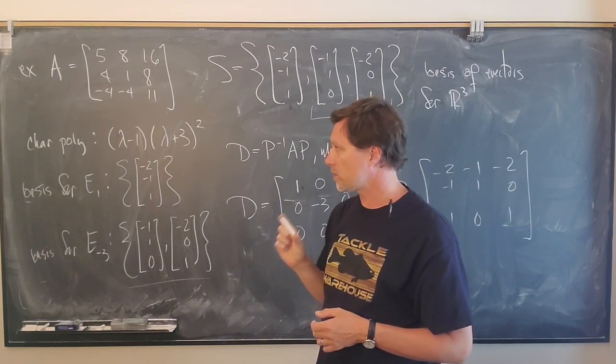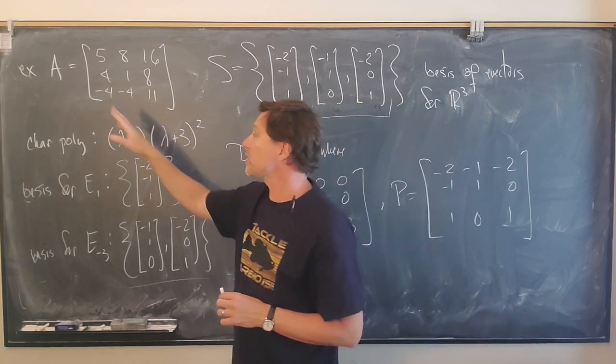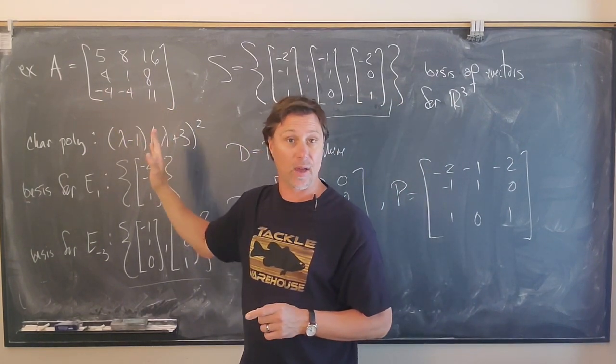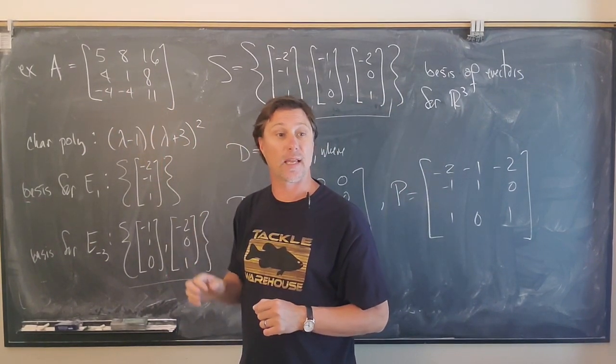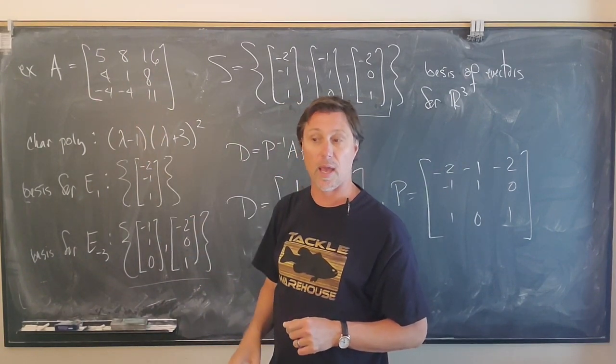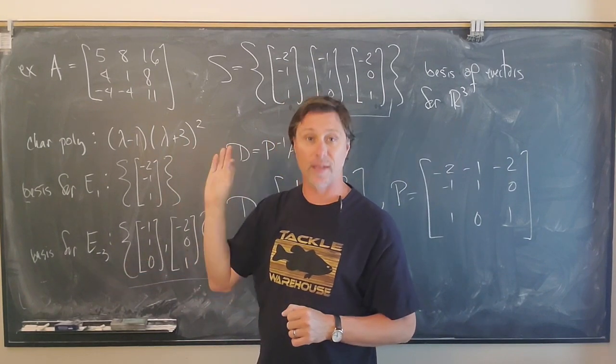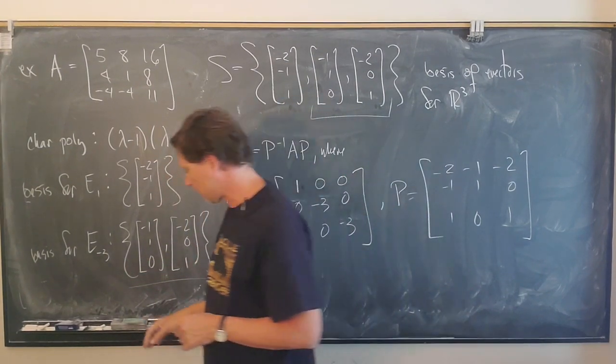If it's an n by n matrix and it has n distinct eigenvalues, then you're guaranteed that it's diagonalizable because you're going to have at least one basis vector always for an eigenspace. And so if you have n distinct eigenvalues, you're guaranteed that your matrix is diagonalizable.